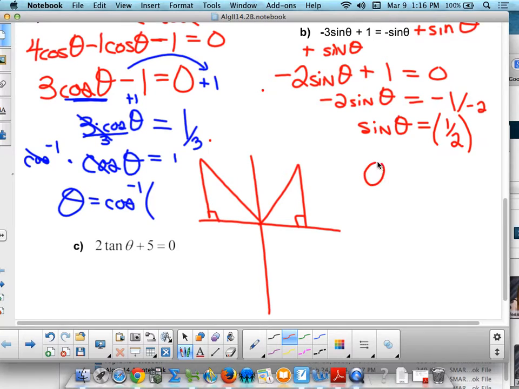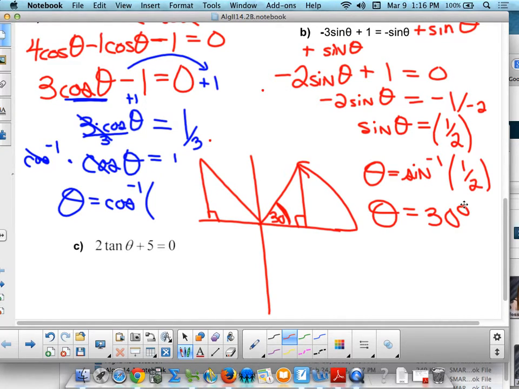Here we go. Theta equals inverse sine of what? 1/2. What angle actually pumps out a 1/2? 30. You should be getting a 30 in your calculator, right? So this is basically saying, yeah, 30 degrees is one of your answers.